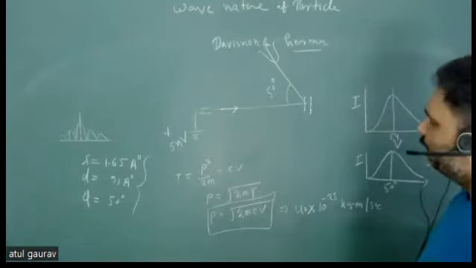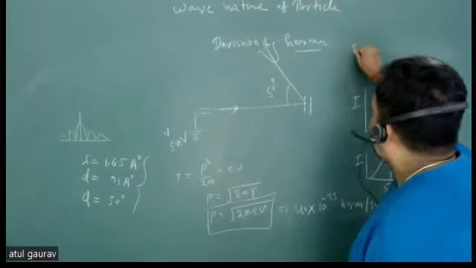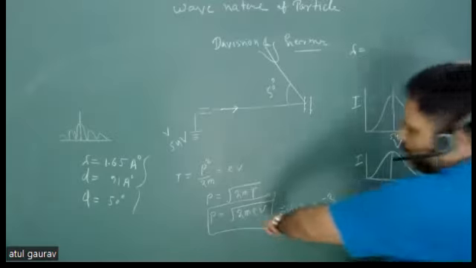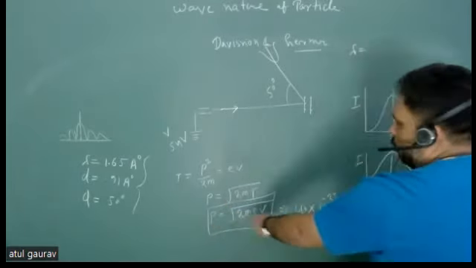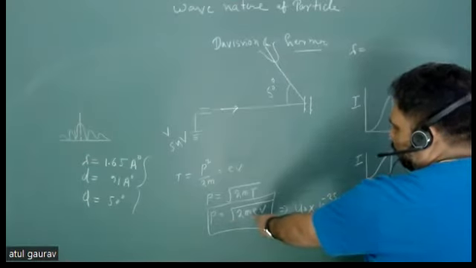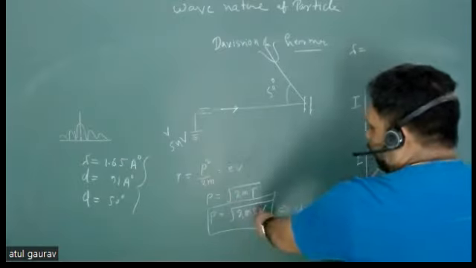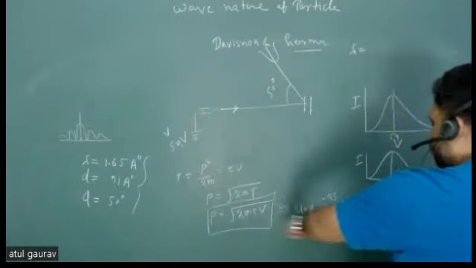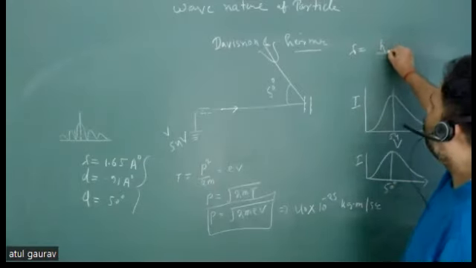You will be surprised when you calculate the lambda with the help of the de Broglie hypothesis, and here we can easily calculate the classical value of momentum with this formula, isn't it? What is the value of V? V is nothing but 54 volt. e is your electronic charge, m is the mass of electron, and you can calculate this value. You will get h upon p.